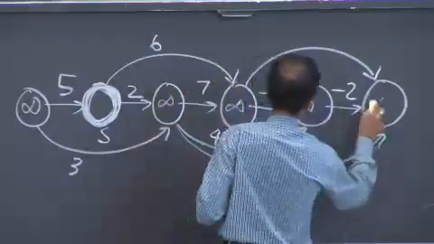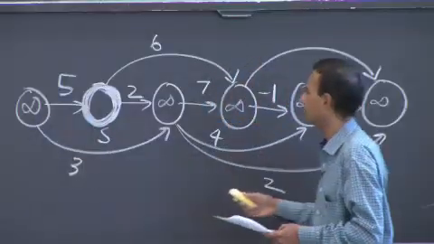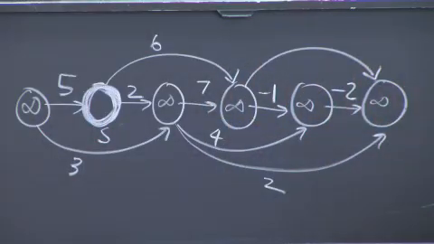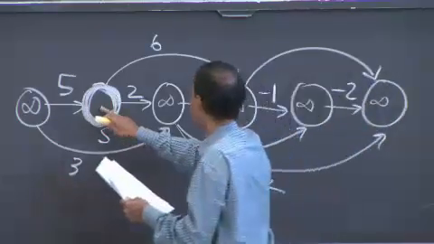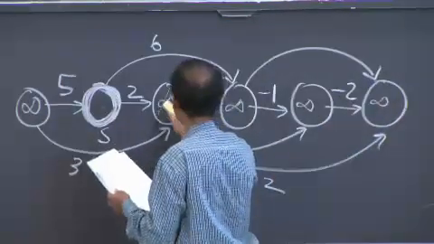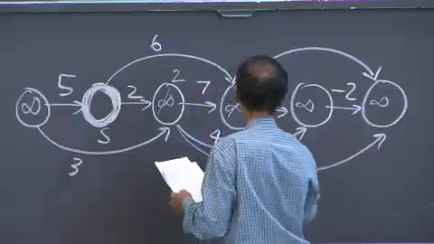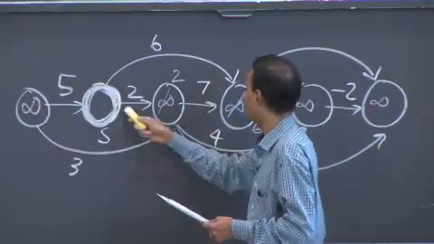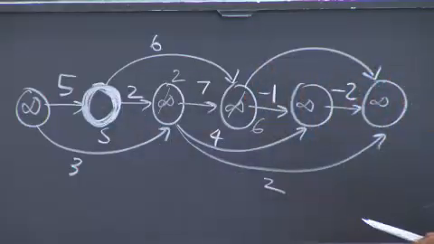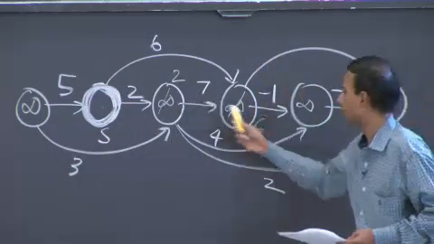So everything is infinity. The ones to the left stay infinity. The ones to the right are going to be reachable. And you're going to update those values. And so when you go like so, this becomes 2. This becomes 6 as I follow that. And I'm done with this vertex S. And this is what I have, 2 and 6.